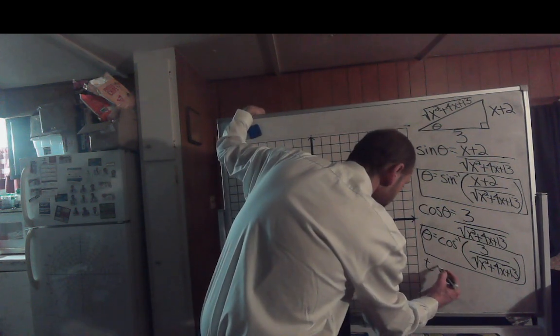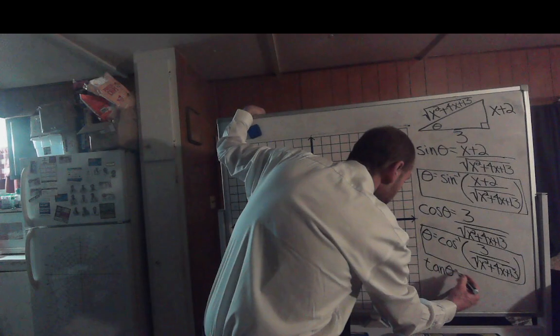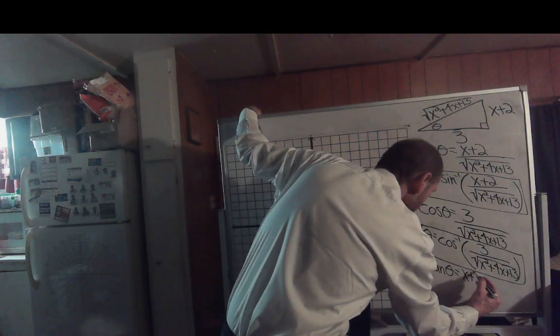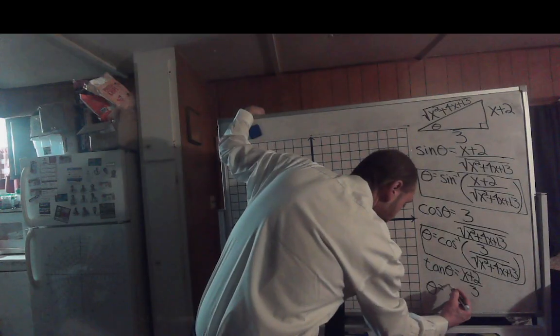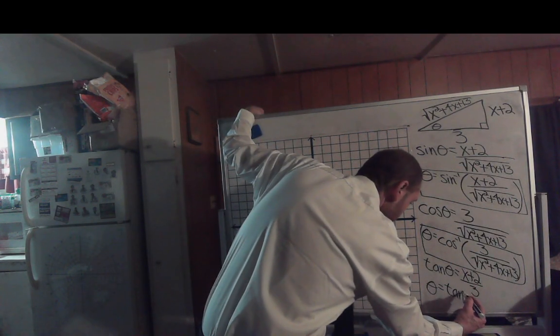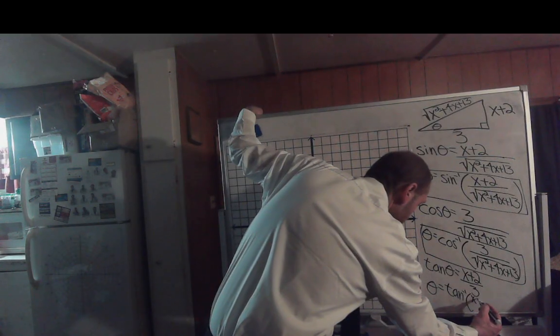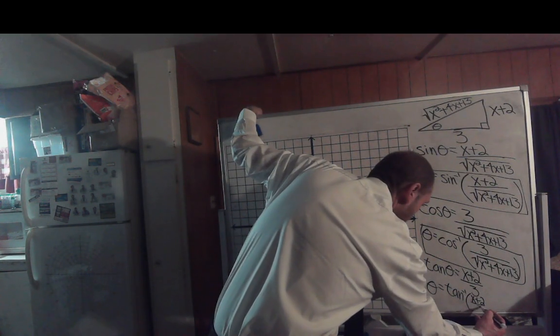And then of course we got to deal with the tangent ratio. So the tangent of theta equals x plus 2 over 3, which would have to mean then that theta itself equals the inverse tangent of x plus 2 over 3.